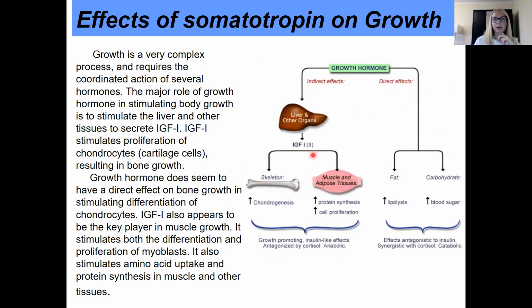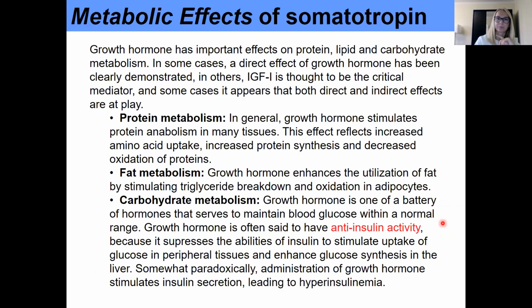The indirect effect is represented by stimulating proliferation of chondrocytes, resulting in bone growth, as well as affecting muscles and adipose tissues by enhancing protein synthesis and cell proliferation. And the direct effect is represented by enhancing lipolysis and increasing blood sugar level.